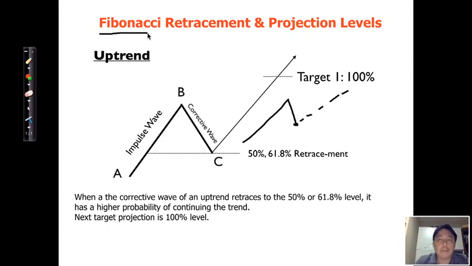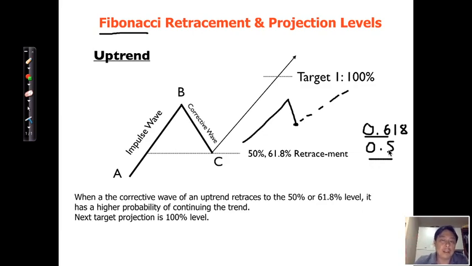If you look at many uptrend wave patterns, you find that on a very clear uptrend, the price tends to retrace to a Fibonacci level of 0.618. And if it doesn't, it tends to retrace to at least a 0.5 level. Now, 0.5 is not really a Fibonacci level, but for some reason, prices tend to retrace to the 50% level.